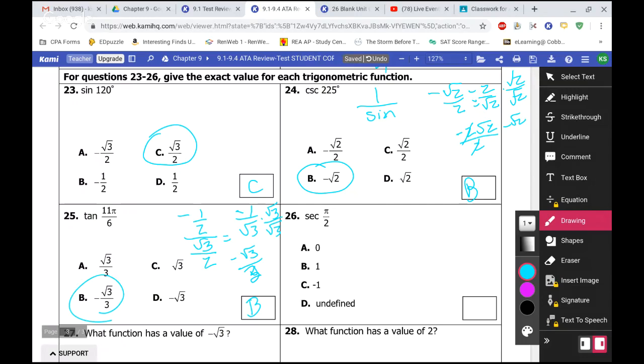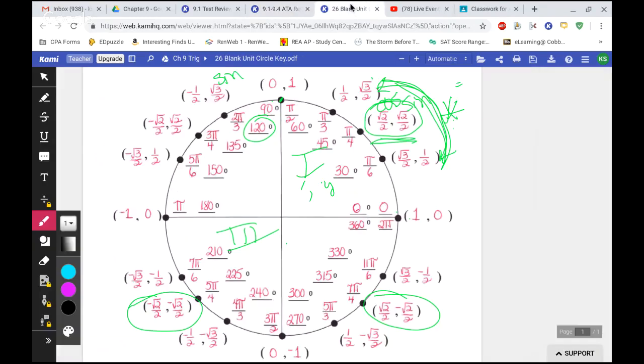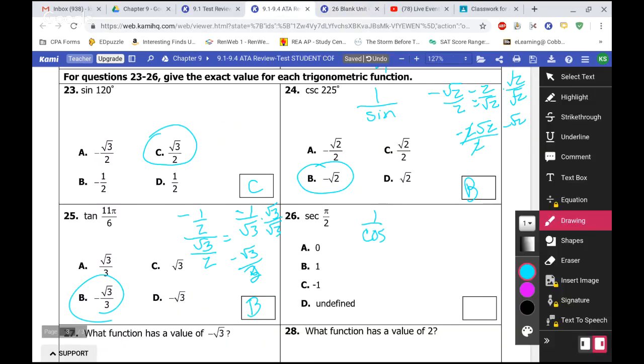Secant pi over 2. And secant is 1 over cosine. So I'm going to look for pi over 2, and I'm looking for cosine, which is x, right? So 1 over 0. Uh-oh, that's undefined.